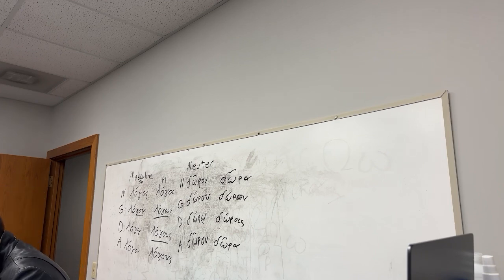But before we get into the reading exercises, I'd like to go through the vocabulary because pretty much all of these other grammatical forms we've gone over. So we'll get to that when we get there.